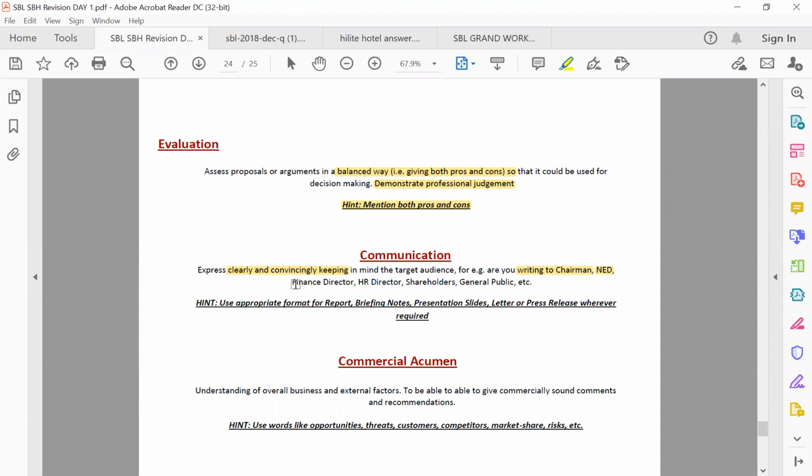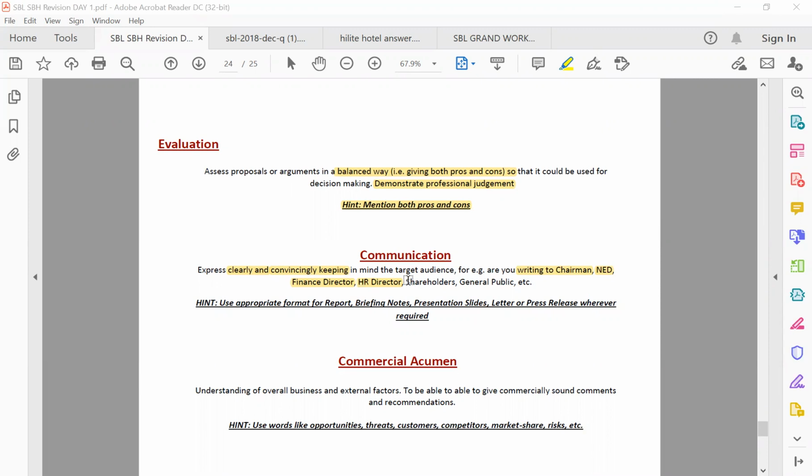If you are talking to the finance director, you need to talk in the format of financial statements, in numbers, letting people know that you are communicating in the form of numbers. If you are talking to the HR director, you need to present the given situation in the format of human resources.